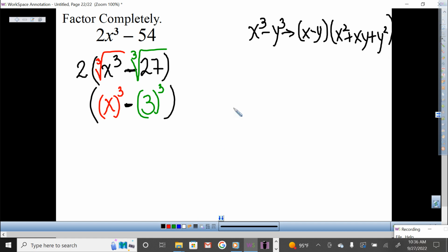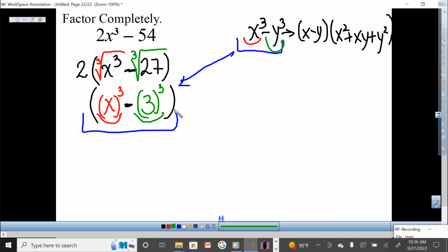So we do a double check. Does this look like this? Yes, Mr. Q. So let's see. This is our x. We still have an x. But instead of y, what are we going to substitute? The 3. So let's write our two factors.